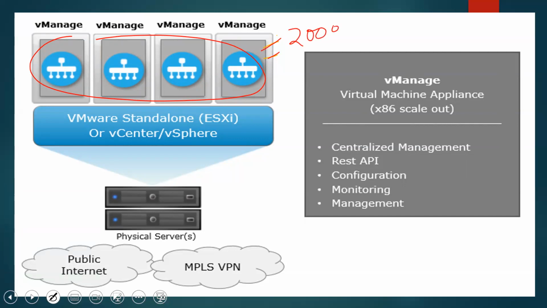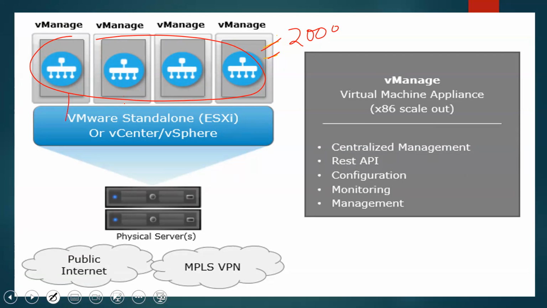So suppose in some infra you have 4000 or 5000 devices to manage, that means obviously you need more than one vManage, right? So the point here is, if we club these vManages in a cluster, how will these vManages communicate to each other?